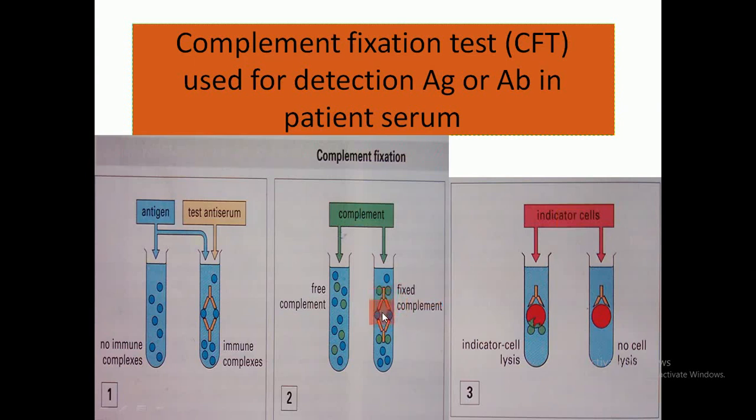Where the complement is consumed by the antigen-antibody immune complex, the indicator cells or sensitized RBCs will remain intact. Where there are no antibodies, the complement remains free and will bind to the sensitized cells, leading to destruction of the RBCs and release of hemoglobin.